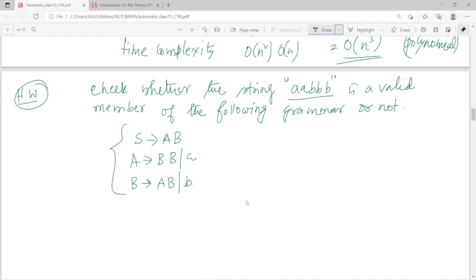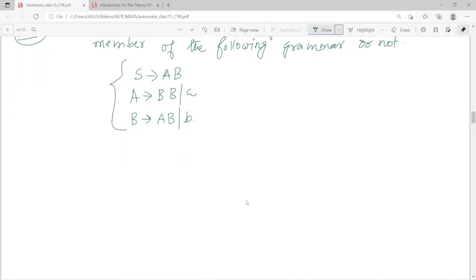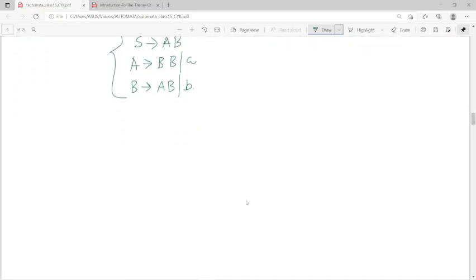Now let's move to one of the topics that is called Turing machines. I prefer that you study Turing machines from the book of Sipser, Michael Sipser.